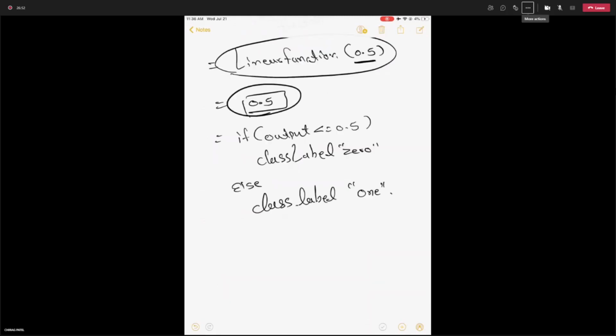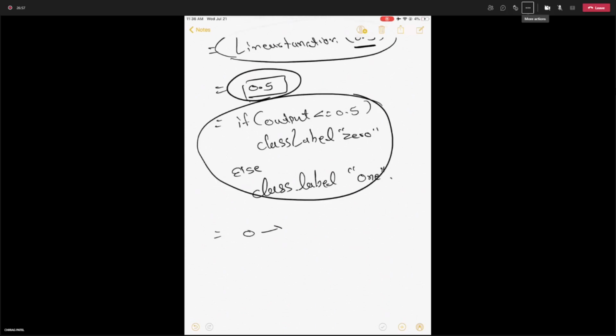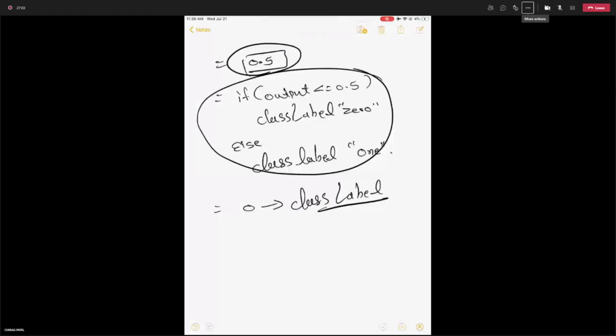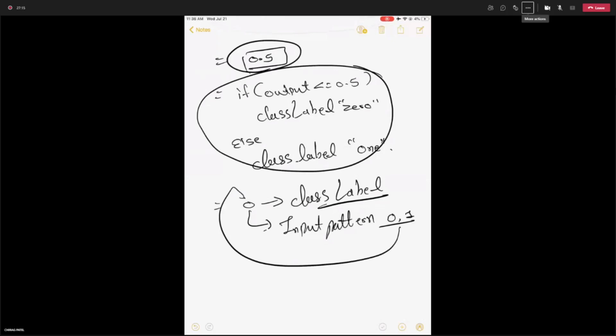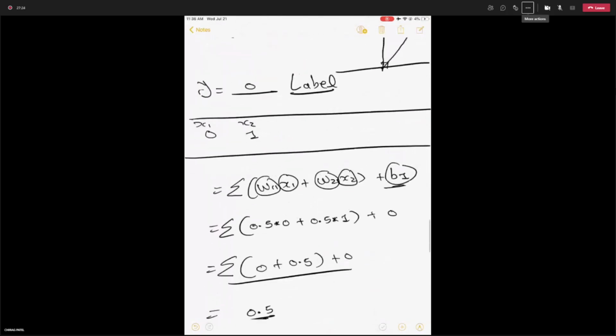So based on this, we again pass through this mechanism, and we get the label. This is the class label of the associated pattern. Your input pattern at this moment is 0, 1. This is your pattern and this is your class label. Again, please see these things very importantly.